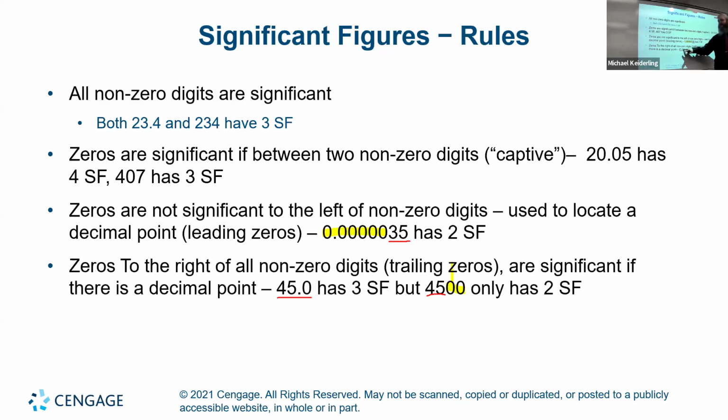But 45.0, that extra zero there is to let you know that that measurement was more precise. That has 3 significant figures. And sometimes when I want to use a nice round number on a test or a quiz, but I wanted to have more significant figures, I'll do something like write 300 and put a decimal point at the end and tell you that those zeros count.